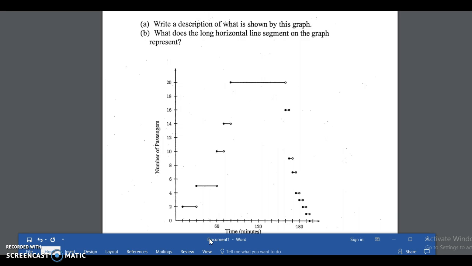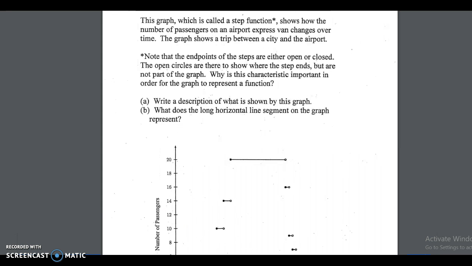This graph is basically showing you a gradual time increase between the number of passengers and the time it takes for them to, I'm guessing, get to the city.